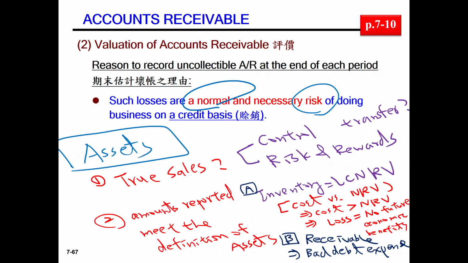For receivables, we use the allowance method to estimate bad debt expense. For PPE in Chapter 11, we will use another method to estimate the part with no future economic benefit. Okay? So that's the reason why we do that for our receivables.